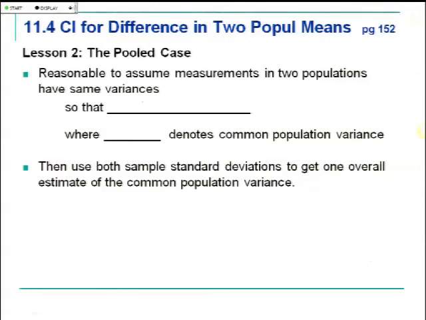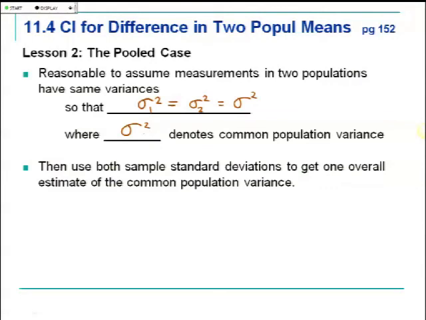That would mean the variance in the first population would be equal to that measure of variability in those quantitative measurements in that second population. So if they are equal, I really don't have to have a 1 and a 2 subscript anymore, because there is just really a common population variance then.